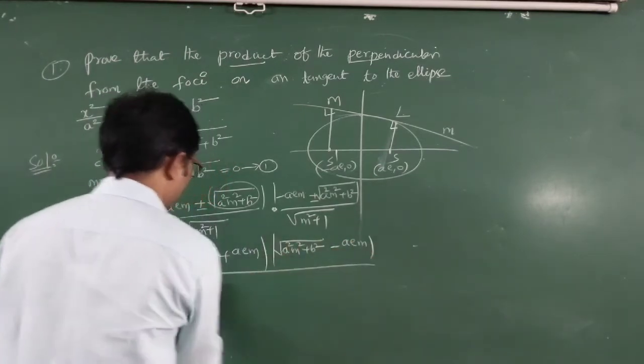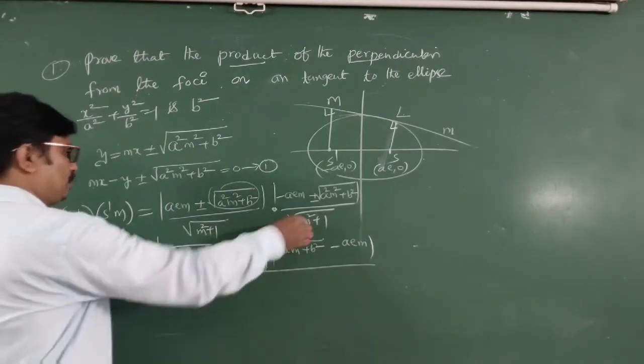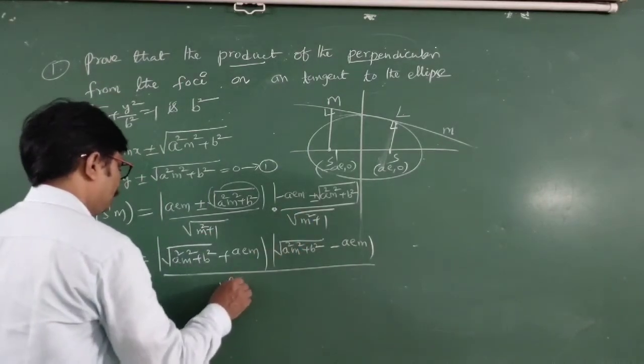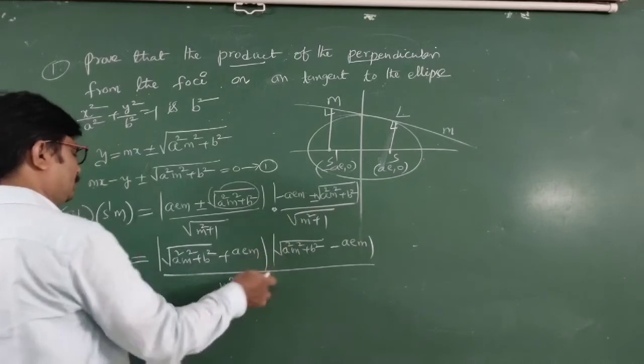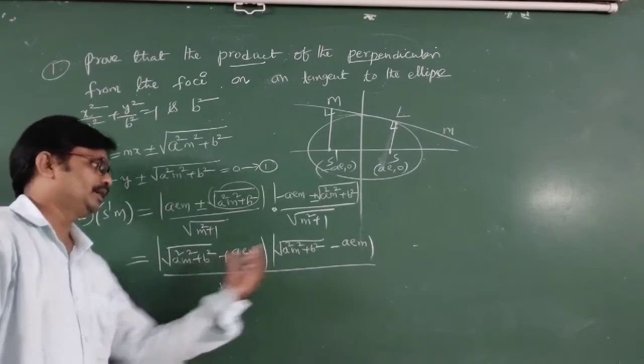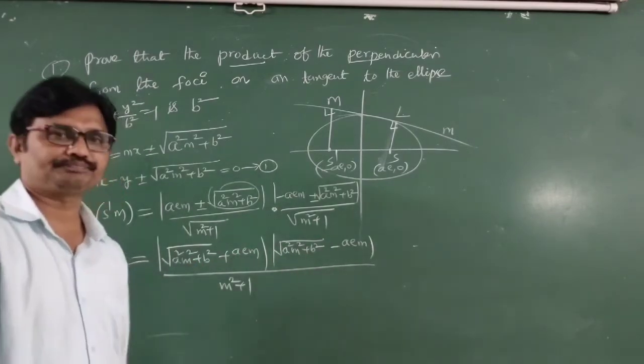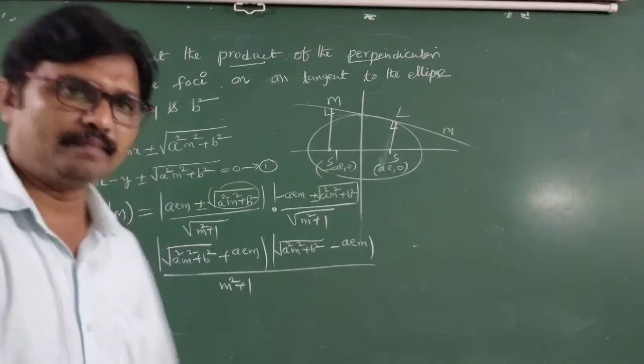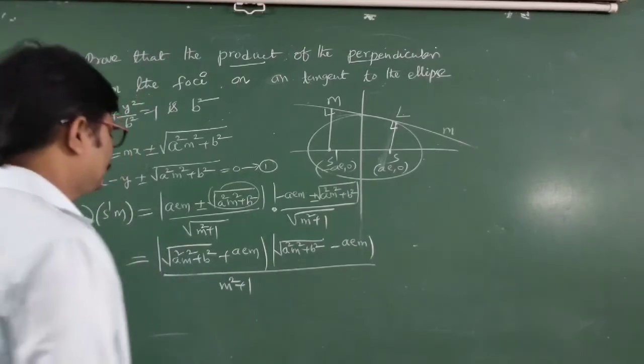Now the denominator is m square plus 1, and the product of the roots gives a square minus b square type terms.